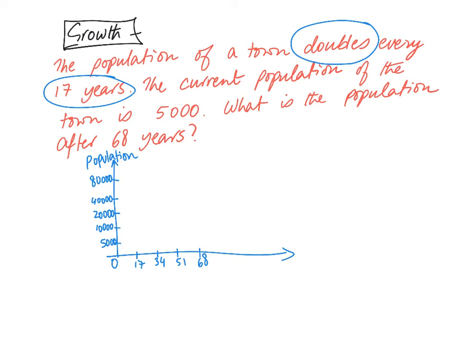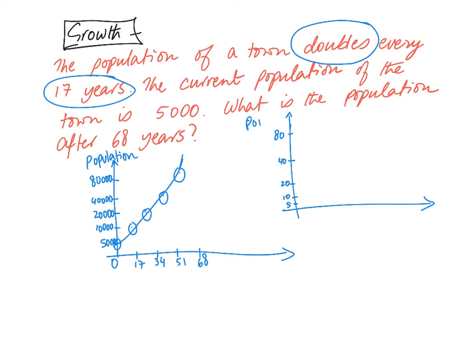Sorry, at 0 it's this value, so it's over here, then here, then here. So it's more like that. Or if you were to plot it better, let's say this is 5,000, right? Then 10, then double of that would be 20, then double of that would be around here, and then maybe here at 80,000.